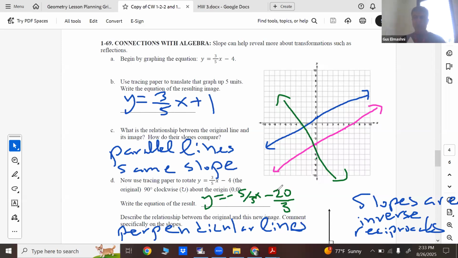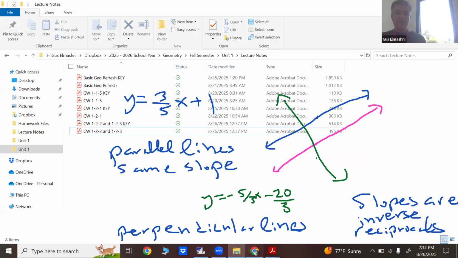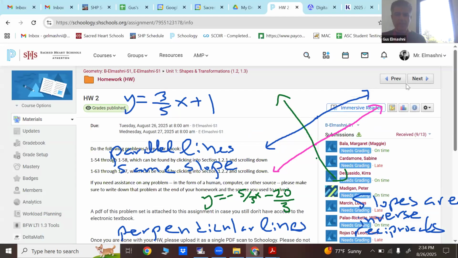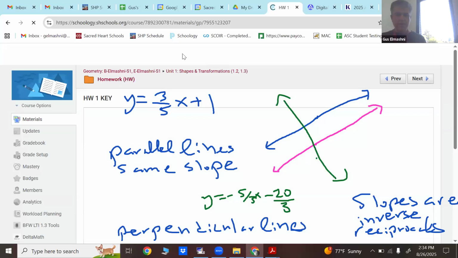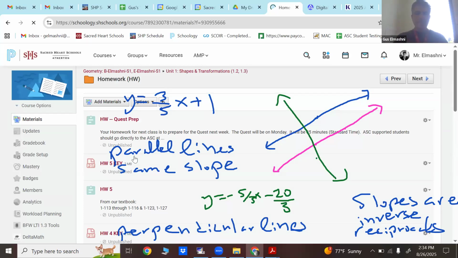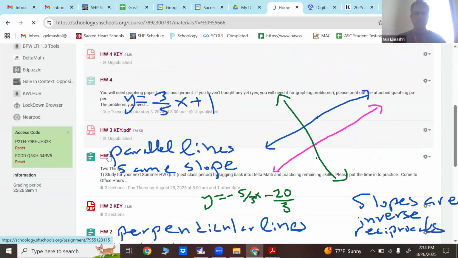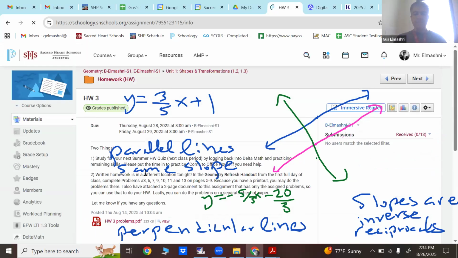Cool. Okay, and homework's really simple. It's going to be the packet I gave you guys last week. You guys already made some headway with it, but it's just going to be problems 3, 6, 7, 9, 10, 11, 13.